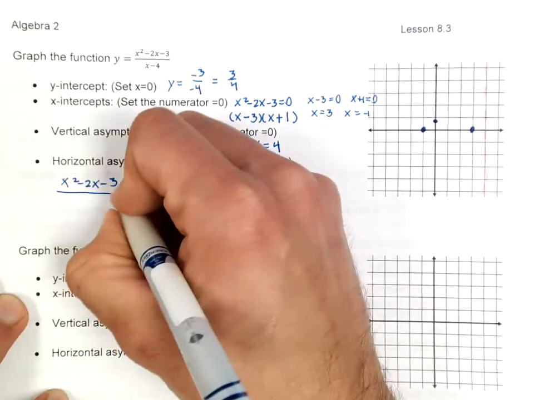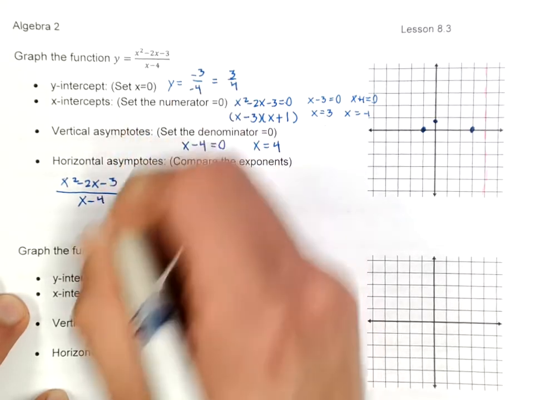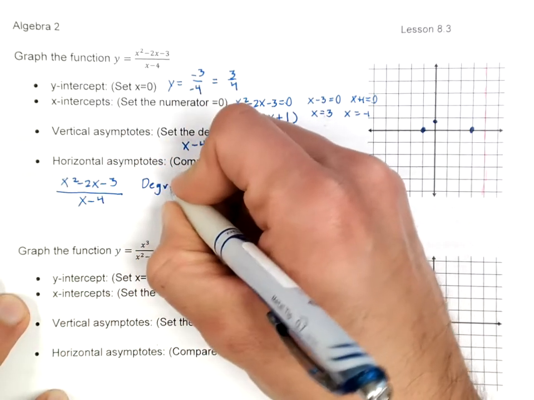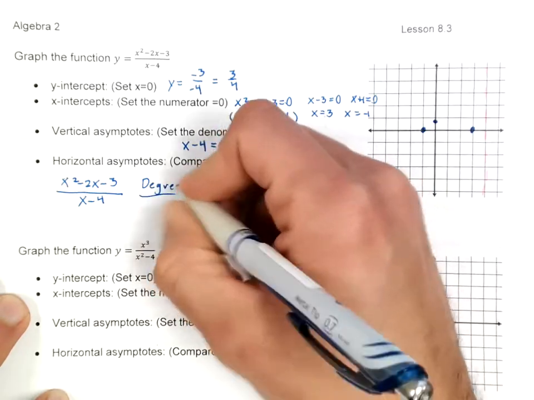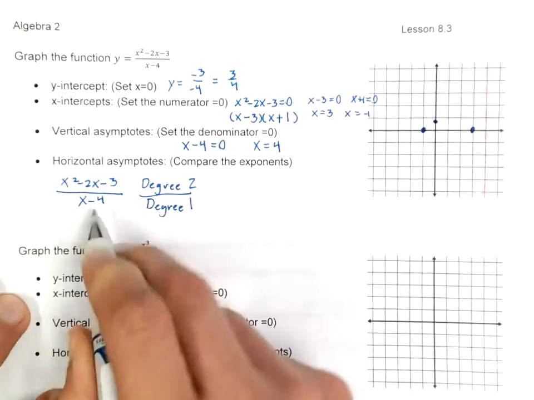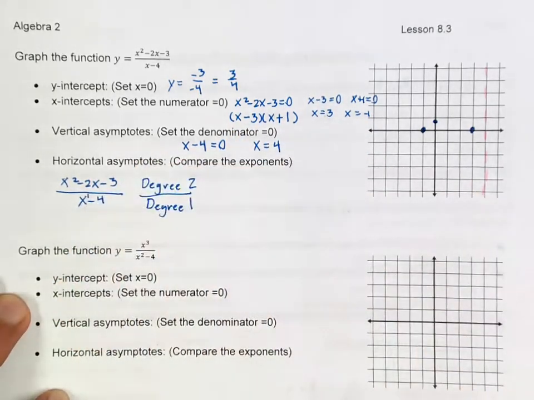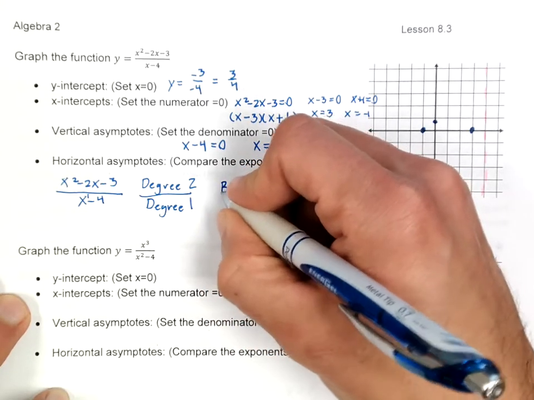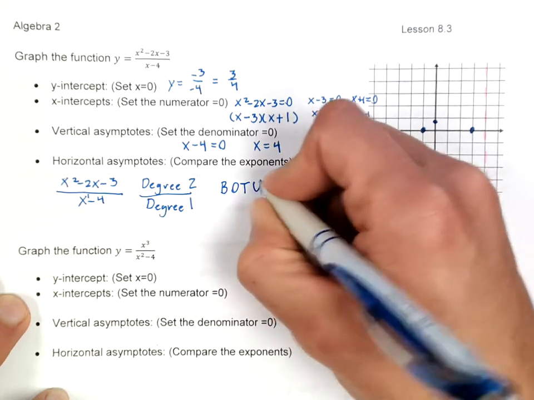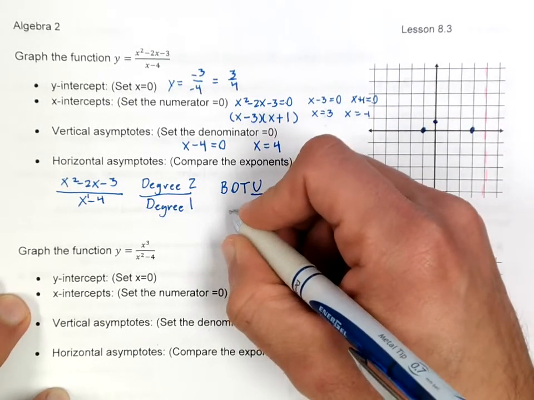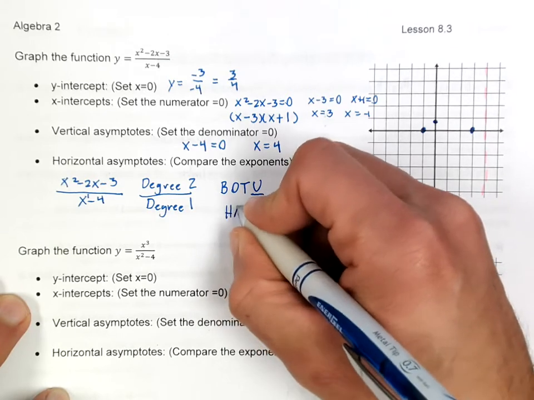Now, look at the degree of the top. The degree of the top is 2. The degree of the bottom is 1, remember, because that's x to the power of 1. Which one's bigger? The top one, right? So if the top one is bigger, it's undefined, meaning there is no horizontal asymptote.